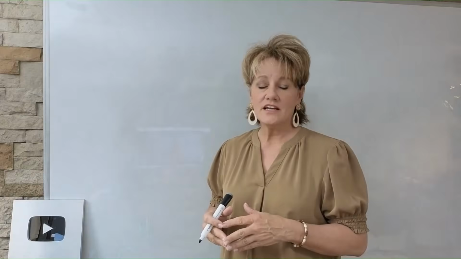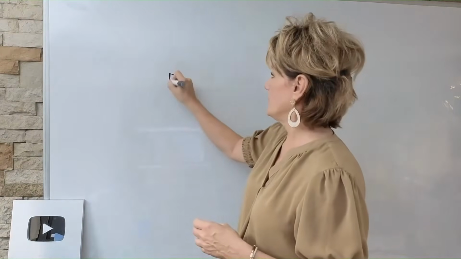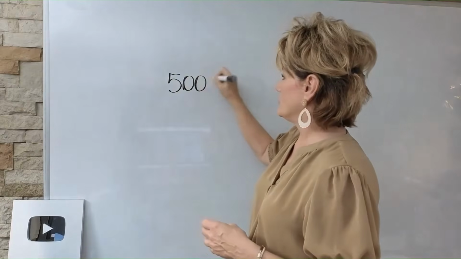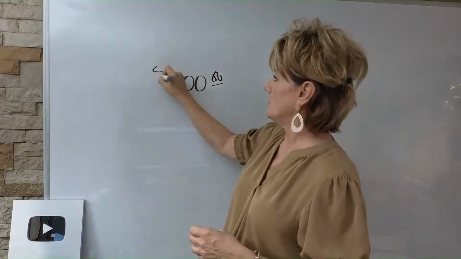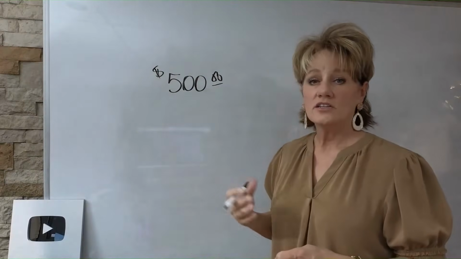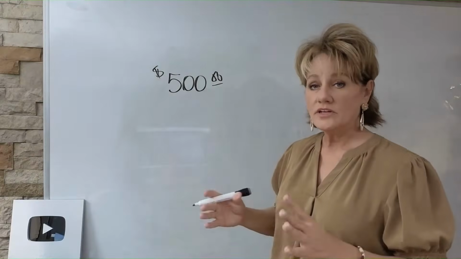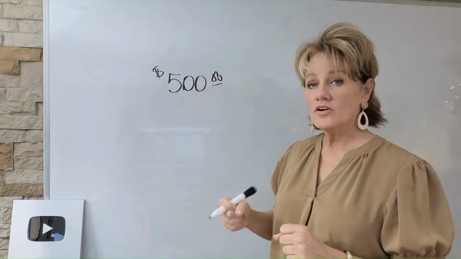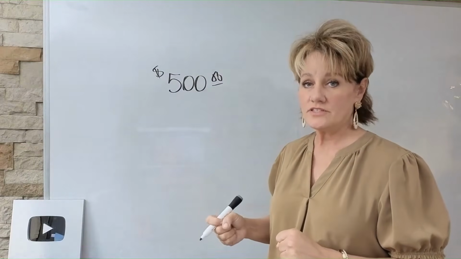Okay. So when you look at a credit card payment, you're going to see that, for example, you pay $500 a month. And just like with any debt, whether that be a loan, a line, whatever, you're going to have a part of your payment going to interest.